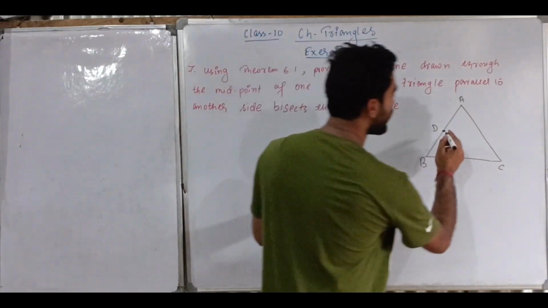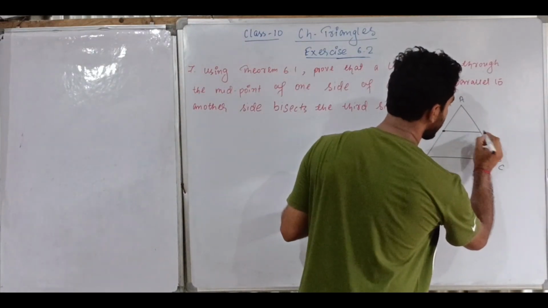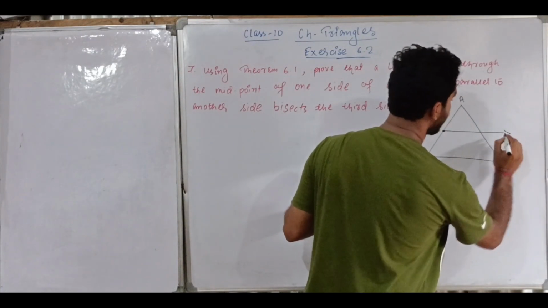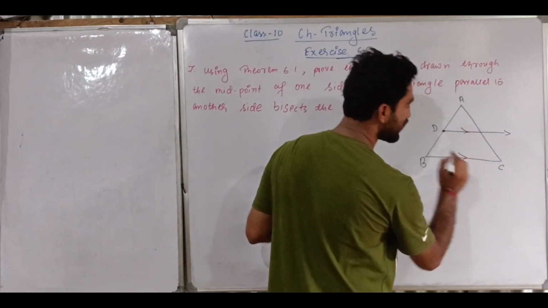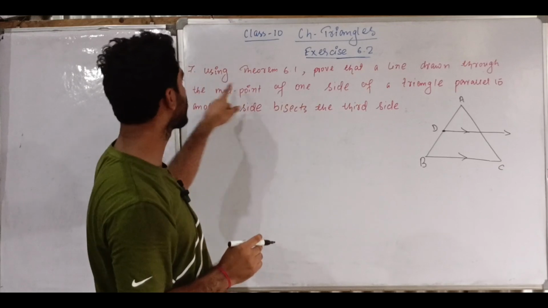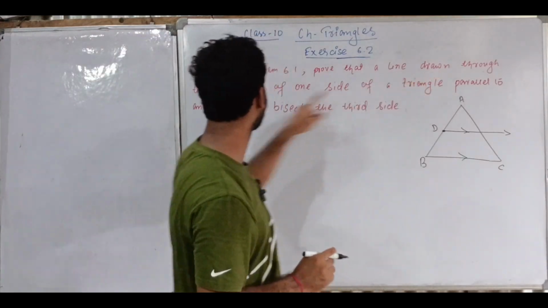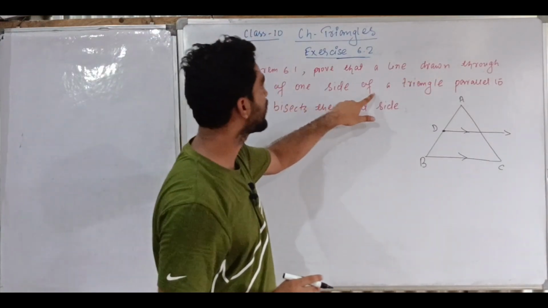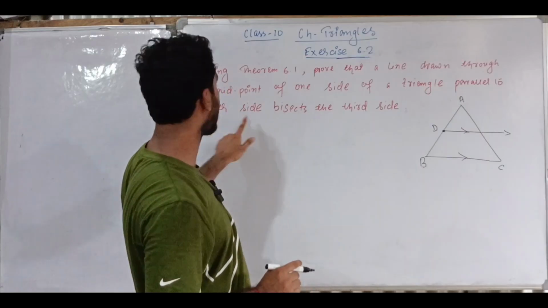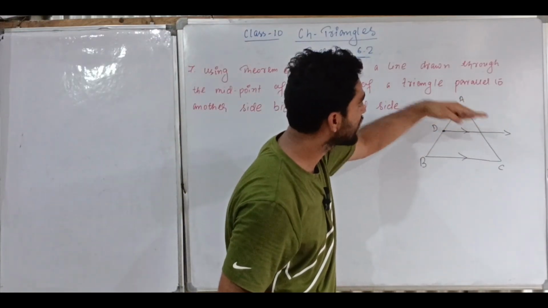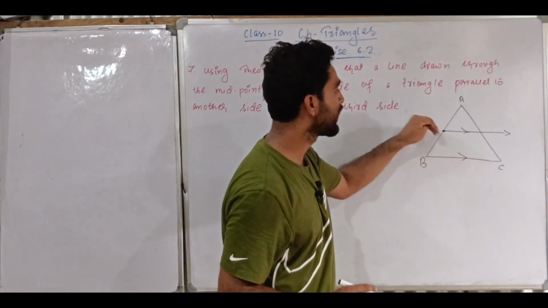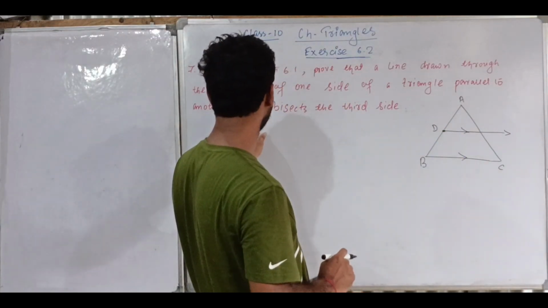Now, through this midpoint, I draw one line, and this line must be parallel to this line. According to the question, a line is drawn through the midpoint of one side of a triangle parallel to another side. So from this midpoint, I have drawn one line in such a way that it is parallel to this line. Now we have to prove this.